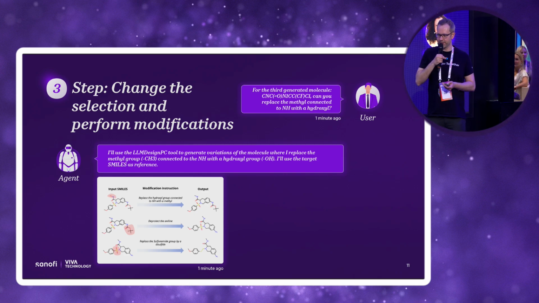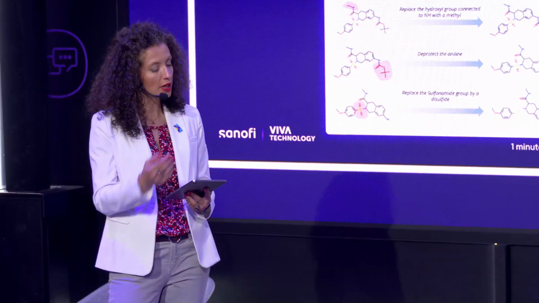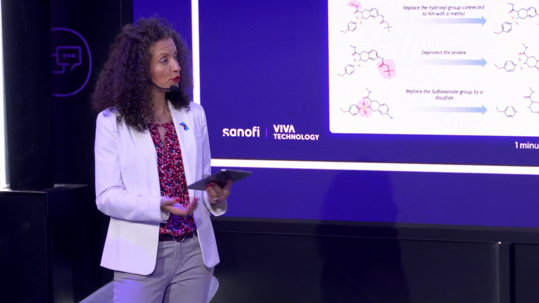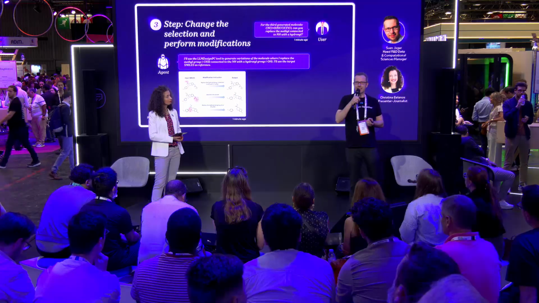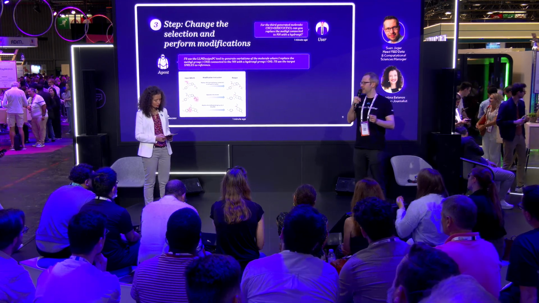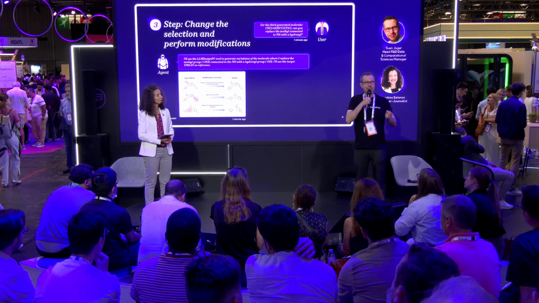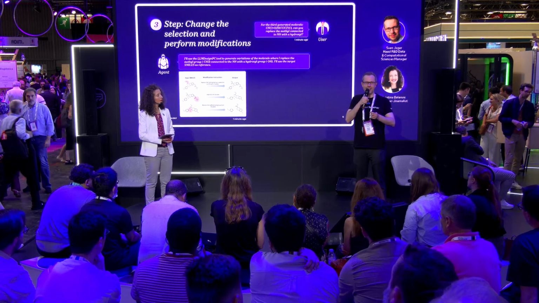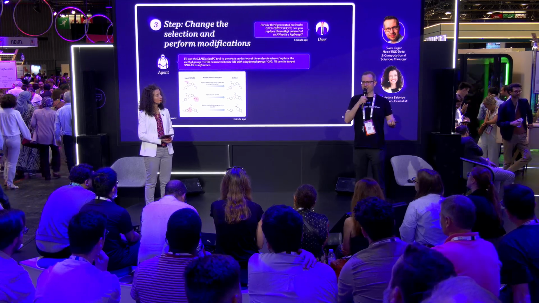And tell me, what makes it unique compared to traditional tools that we're using? So what is really unique here, and that's the big innovation, is that this is a conversational experience that enables a chemist, a medicinal chemist, to use AI without actually coding.